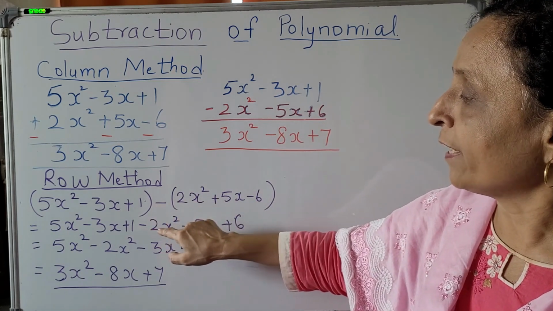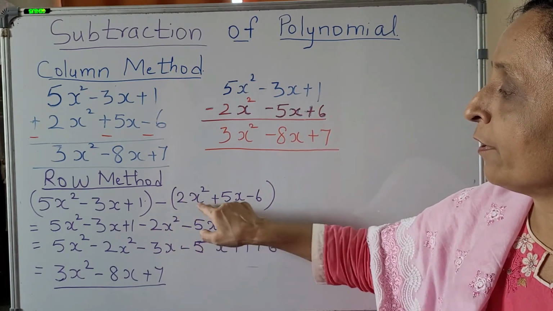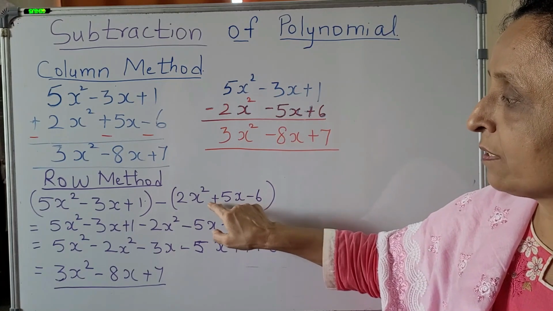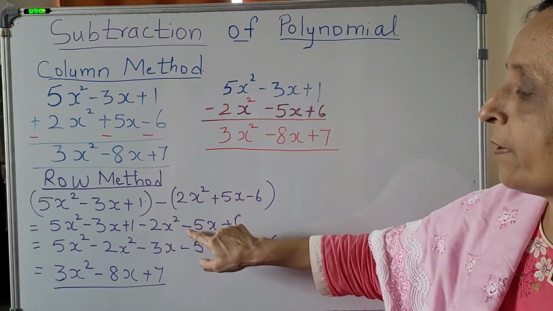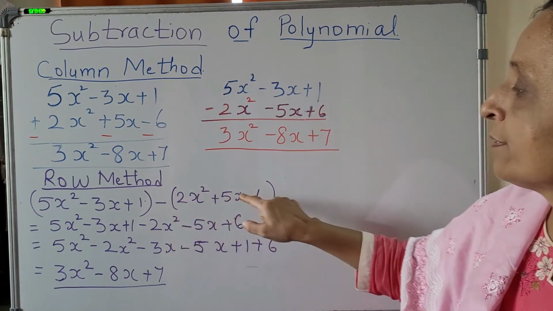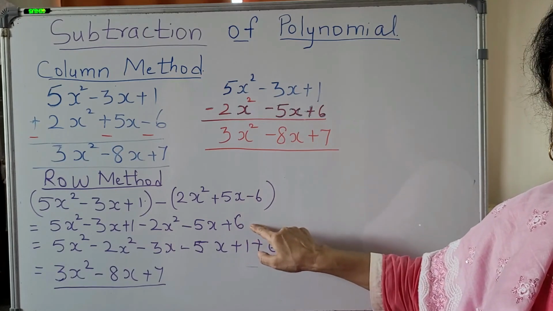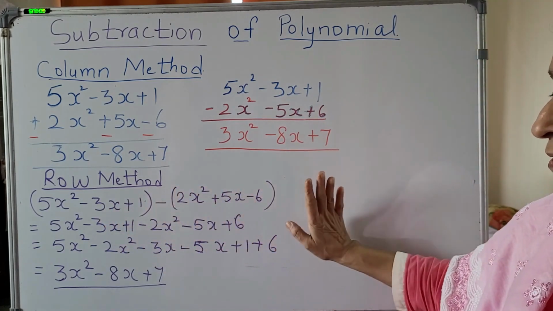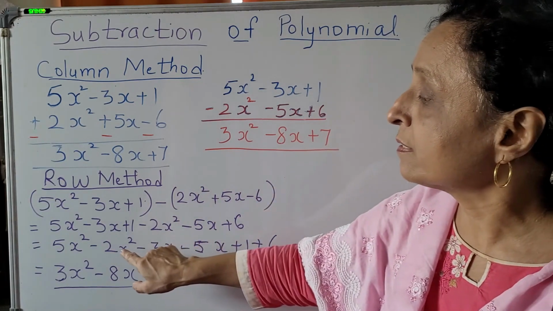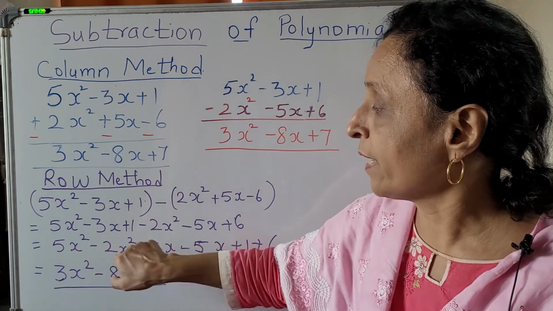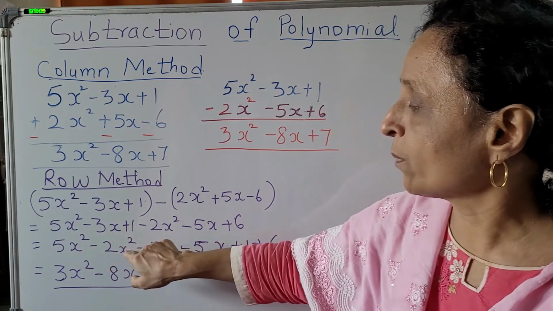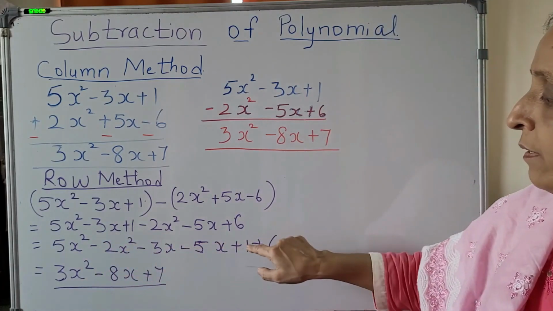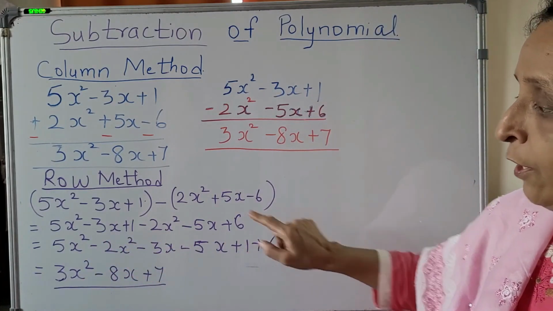So here minus 2x square. Now this is plus here. Minus plus becomes minus. Minus minus becomes plus. After you have opened the bracket and changed the signs, you collect the same terms: x square together, x together, and the numerals.